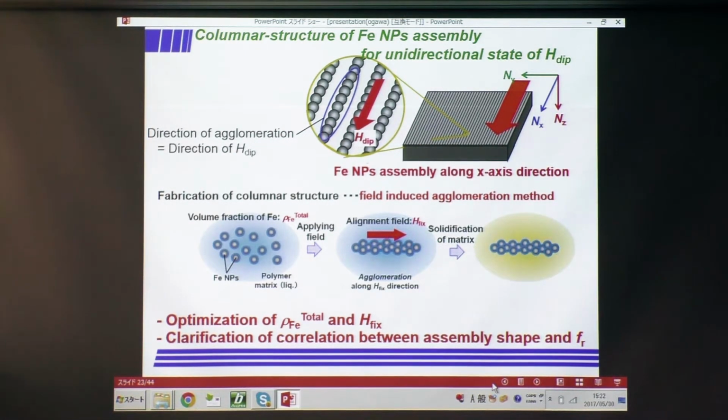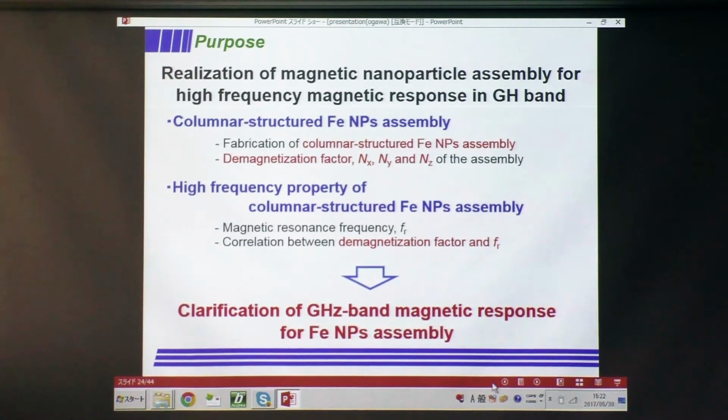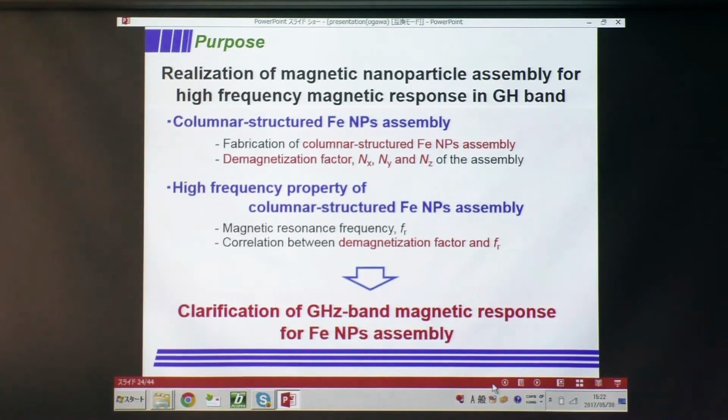We can get this kind of columnar structure. The main process parameters are the concentration rho of the magnetic nanoparticles and the alignment field H fix. And the purpose is the realization of a magnetic nanoparticle assembly for high frequency magnetic response in the gigahertz band.